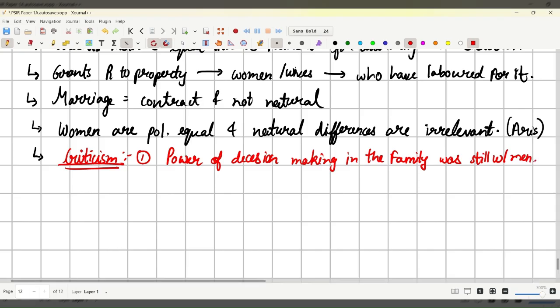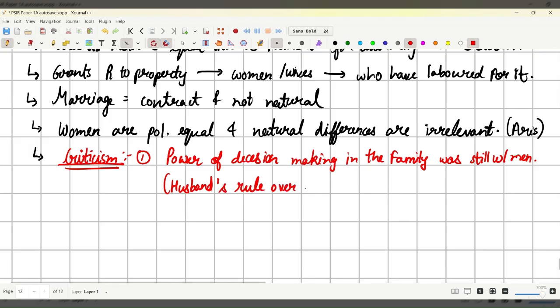Basically he thinks that the husband's rule over his wife was a non-political form of power. So this is also a criticism.